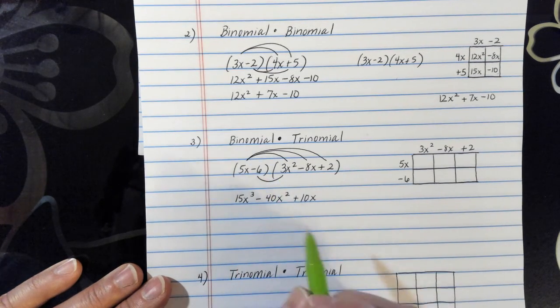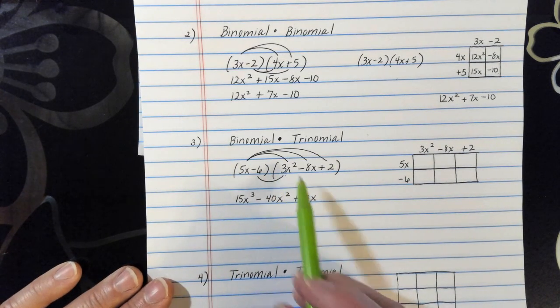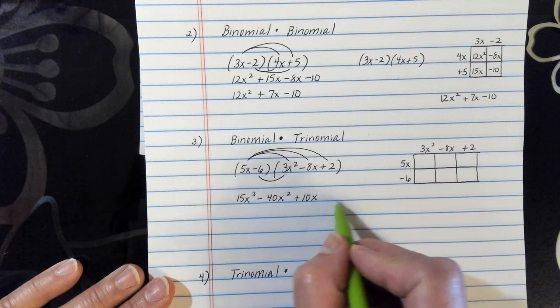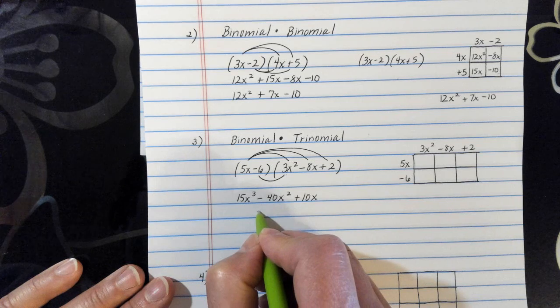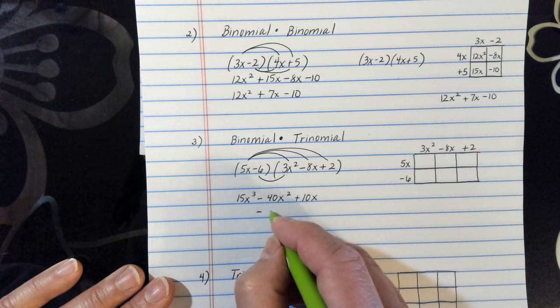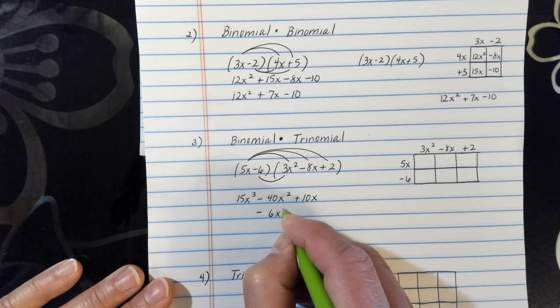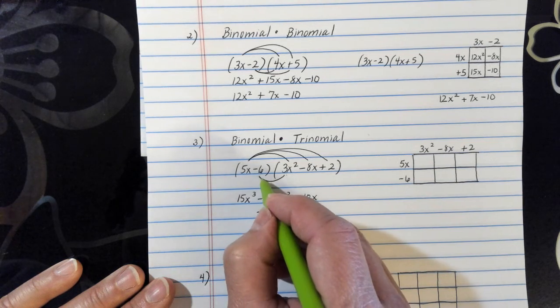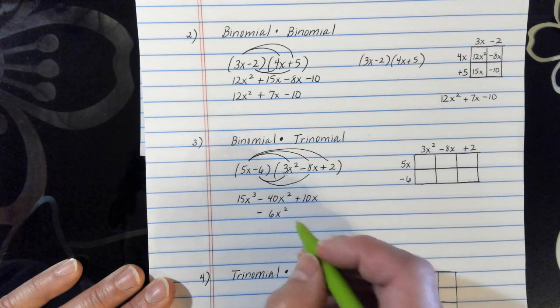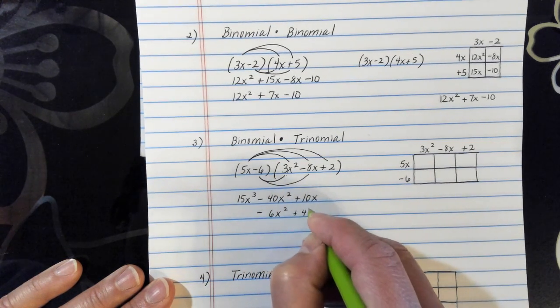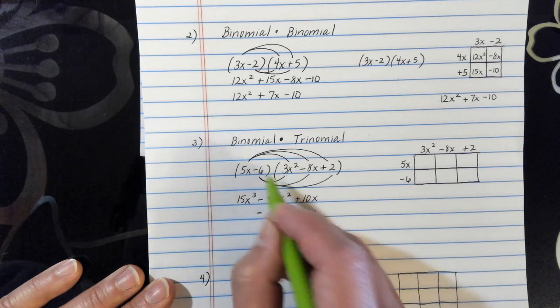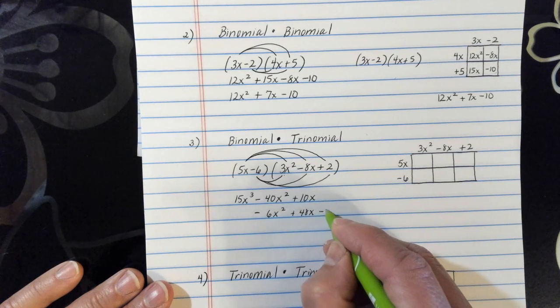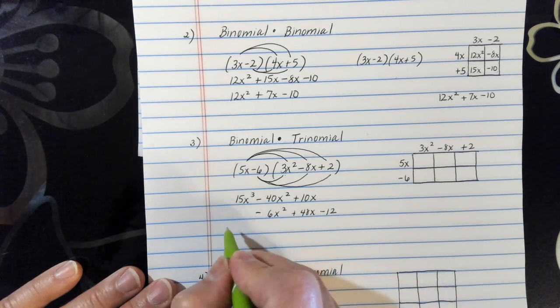Negative 6 times 3x squared is negative 18x squared. I could write it here, but I'm going to go ahead and write it underneath here so that my like terms are stacked on top of each other. Negative 6 times negative 8x is positive 48x. And negative 6 times positive 2 is negative 12.